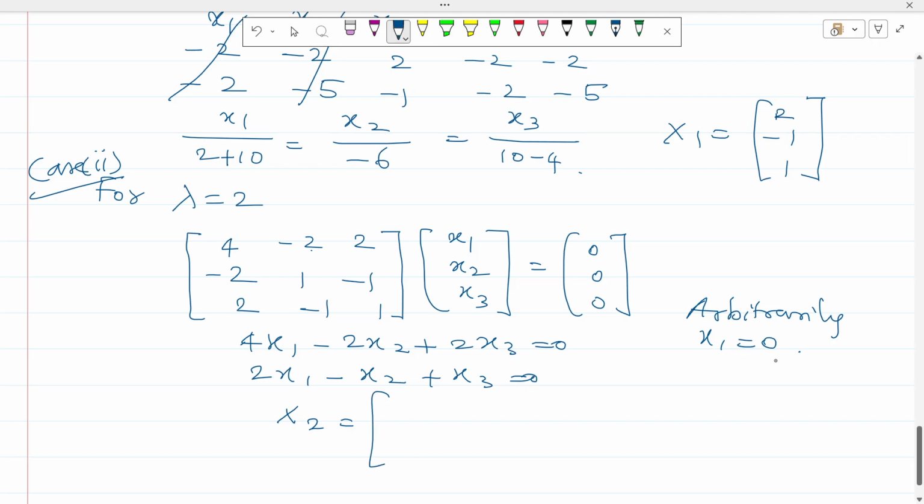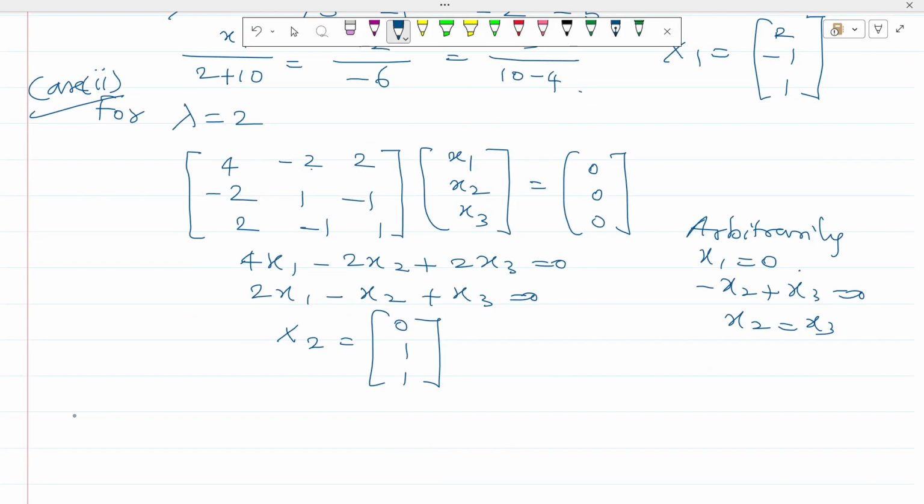What happened? x1 equal to 0, no? So x1 equal to 0 means minus x2 plus x3 equal to 0, x2 equal to x3. So that means 0, 1, 1 is the second eigenvector.